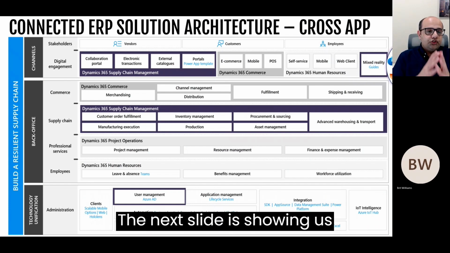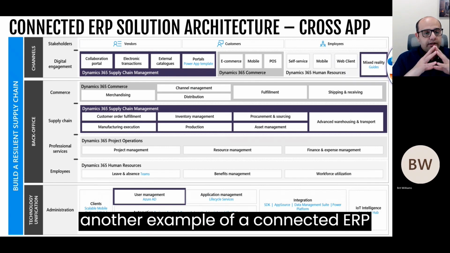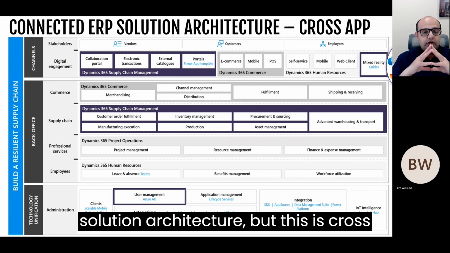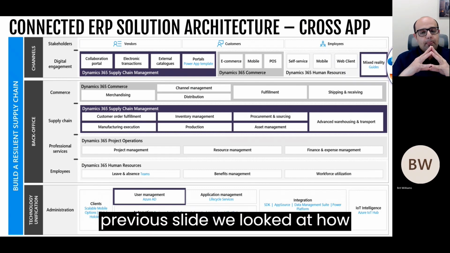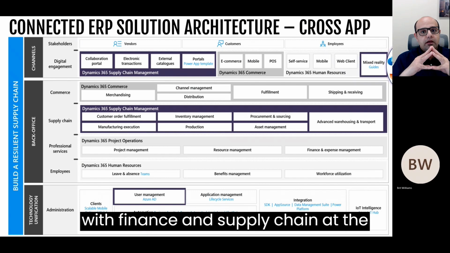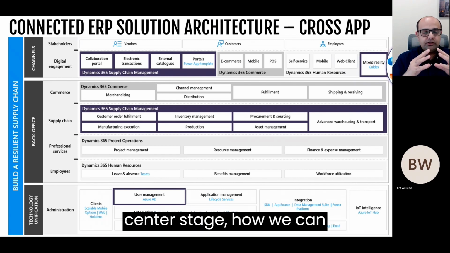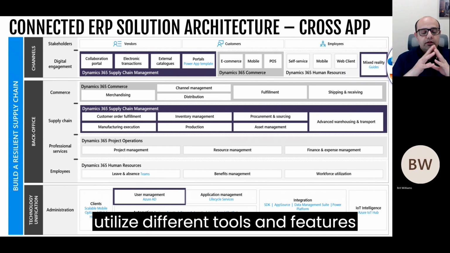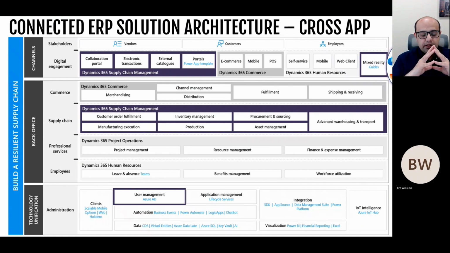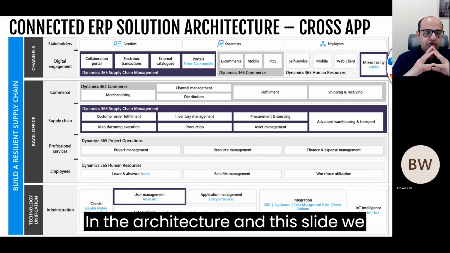The next slide is showing us another example of a connected ERP solution architecture, but this is cross-application, right? So in the previous slide, we looked at how with finance and supply chain at the center stage, we can connect or utilize different tools and features available across in the architecture.